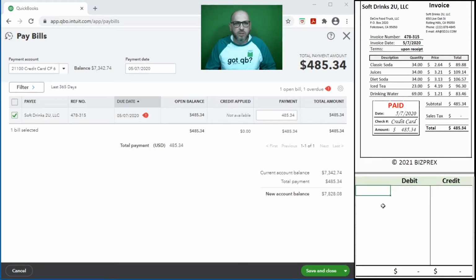Let's show what's happening. All right, we're paying accounts payable, right, with our credit card. So our liability on the credit card side will go up, and it goes up when it is credited. Okay, what else is happening? We're paying down our accounts payable, so that liability actually goes down.